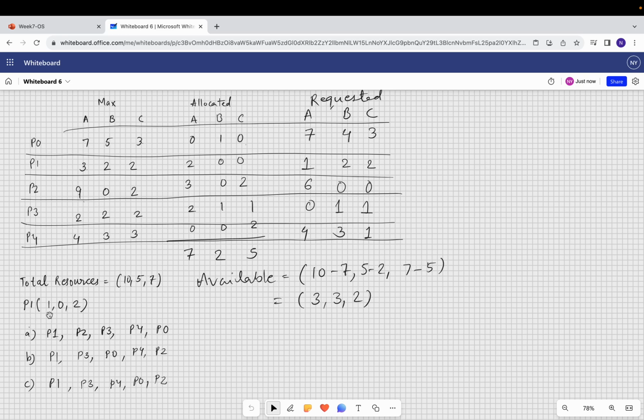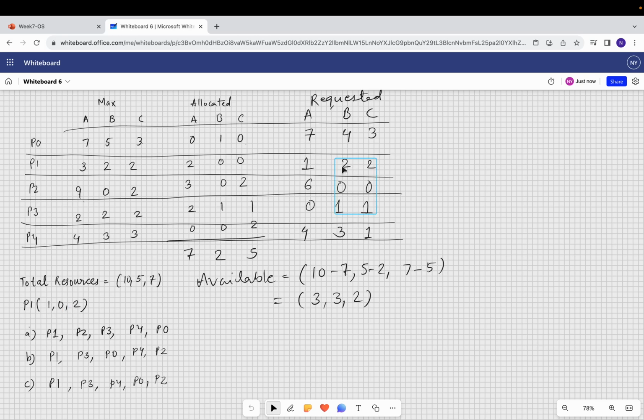So P1 has made a request of 1, 0, 2, and here we have resources 3, 3, 2, so we will be able to give 1 unit of resource A and 2 units of resource C to P1. So this request we can of course service.